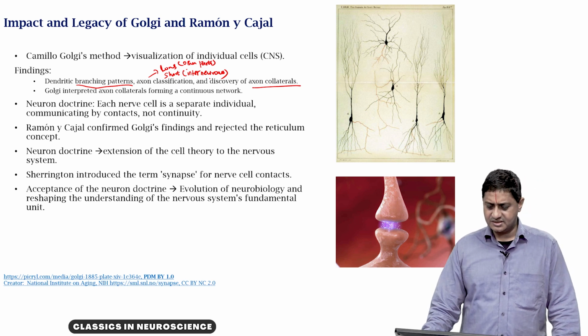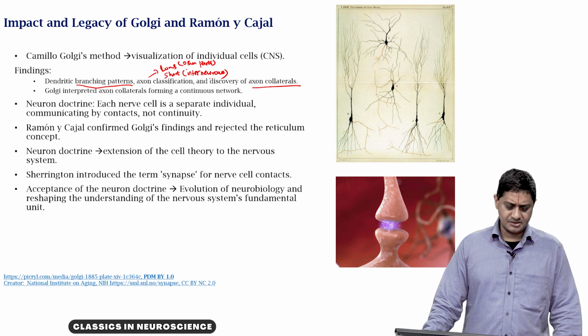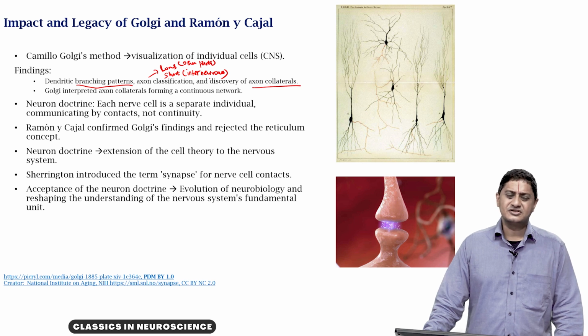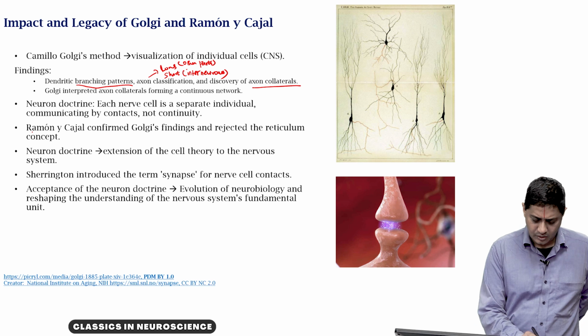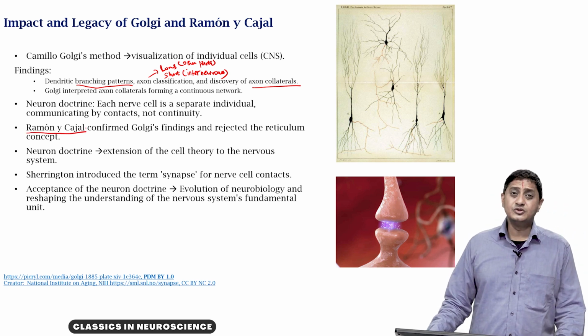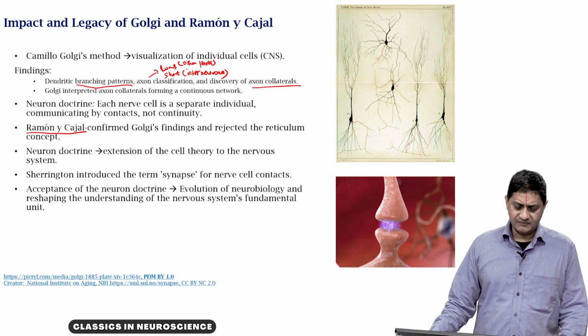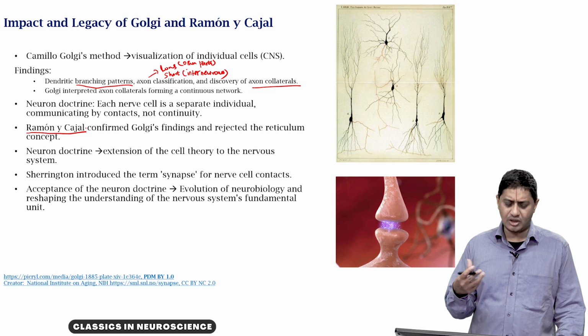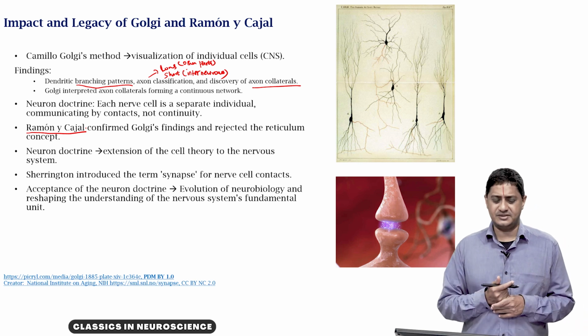Somehow this was challenged by the Spanish histologist Santiago Ramon Cajal, who proposed the neuron doctrine, where he said that each neuronal cell is a separate individual cell communicating only through contacts, but there is no continuity.